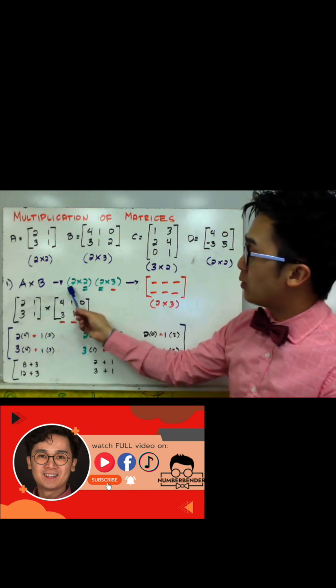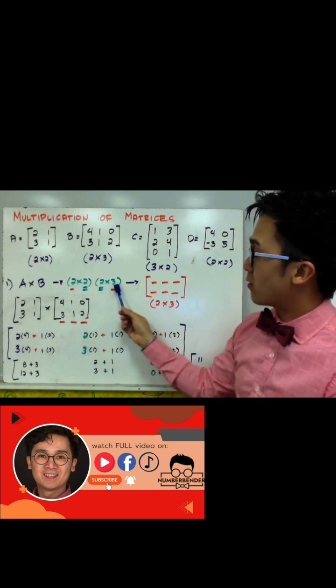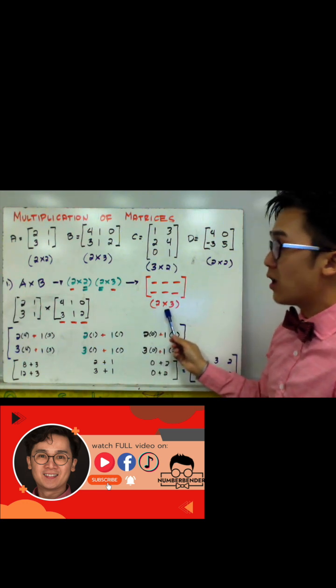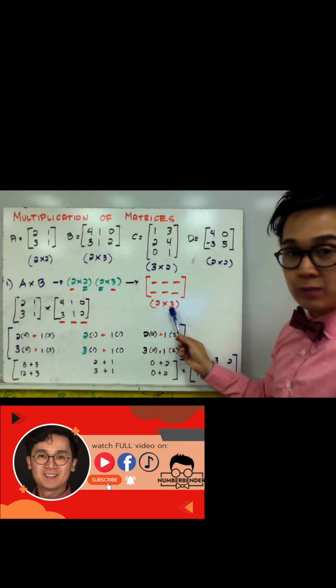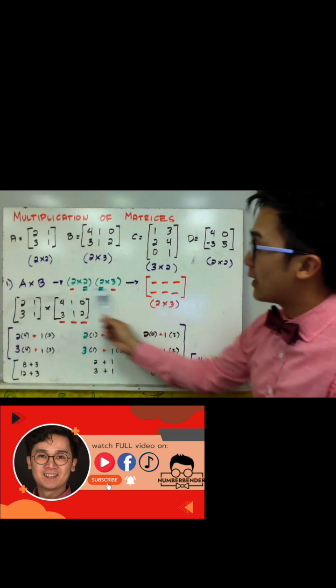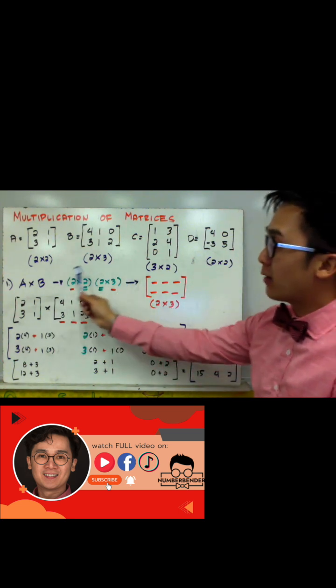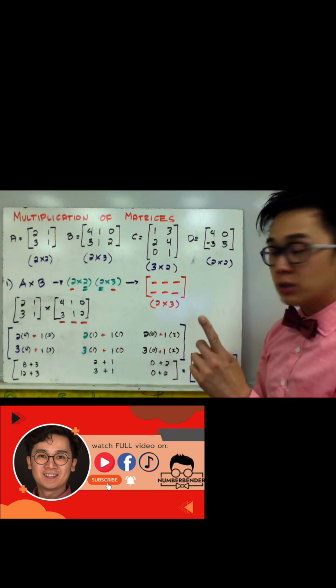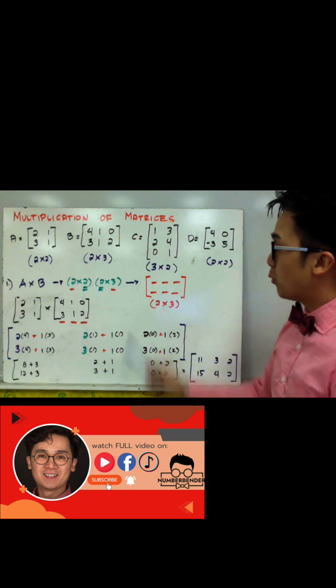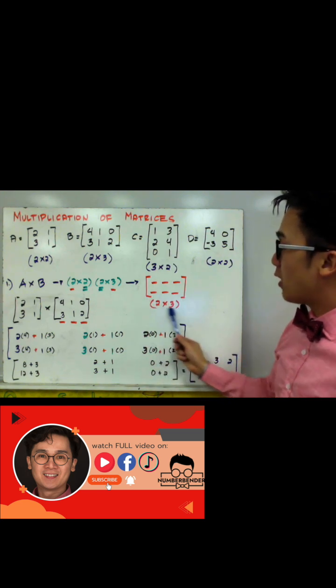Since the outer numbers are 2 and 3, the product of A times B will be a 2 by 3 matrix. So it is very important that you write out the order of the two matrices, first to verify if you can multiply them, and second to know the order of the product.